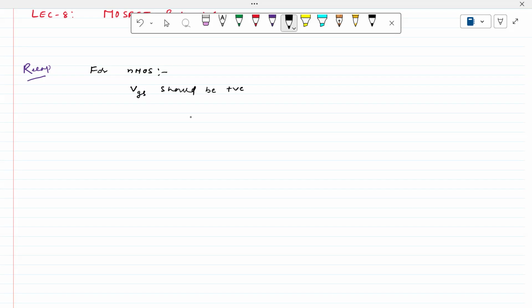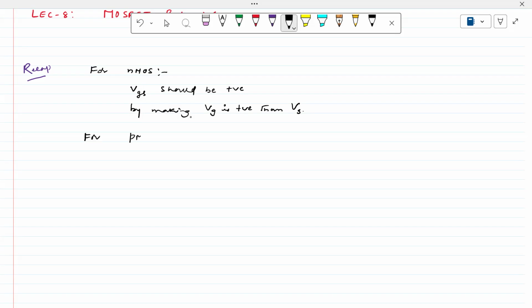And this is possible by making VG more positive than VS. Increase the VG in the positive direction, decrease the VS in the negative direction, then definitely you will find the transistor becomes on. Okay, that is for the purpose of on.